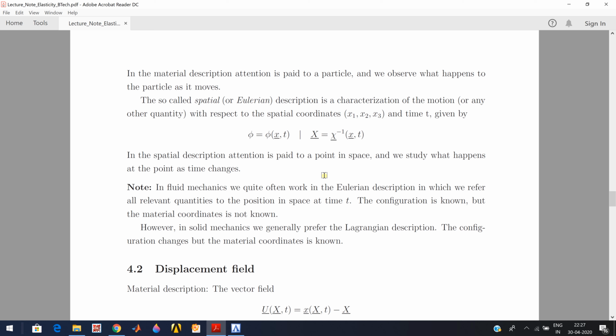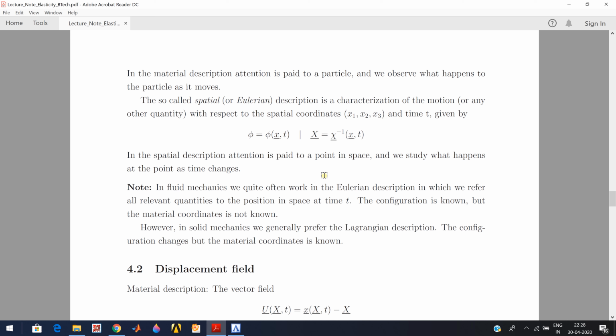Let us say somebody, maybe a traffic police, is tracing your car and seeing what is happening to it: how fast it is moving, which path it is taking, when it is accelerating, when it is decelerating, etc. So your focus is on a single car with a specific number plate.